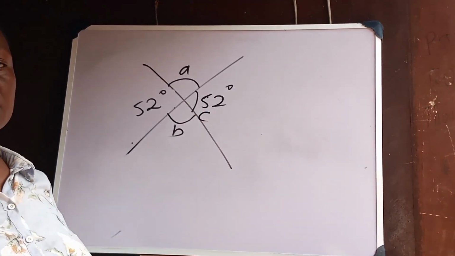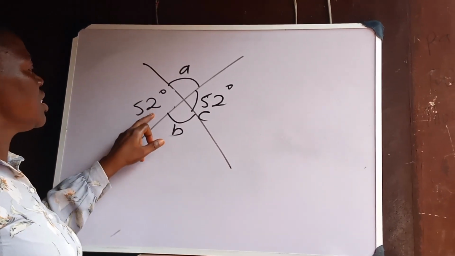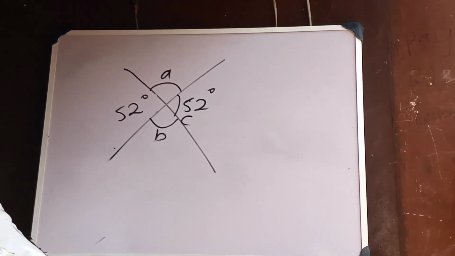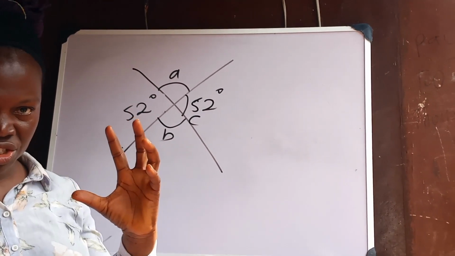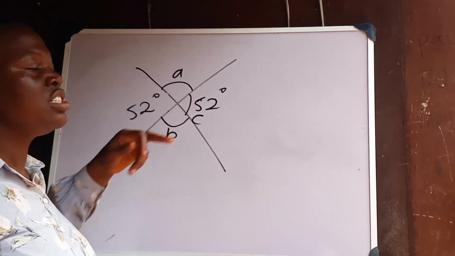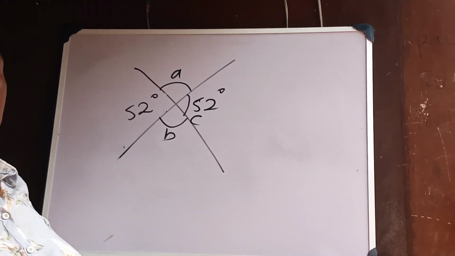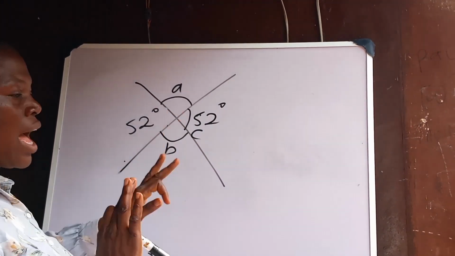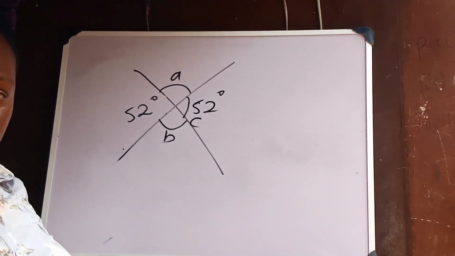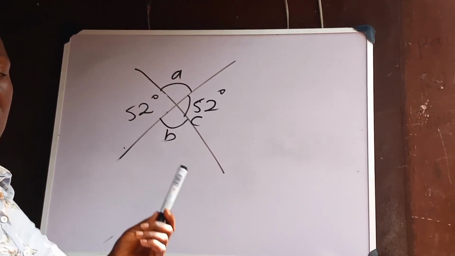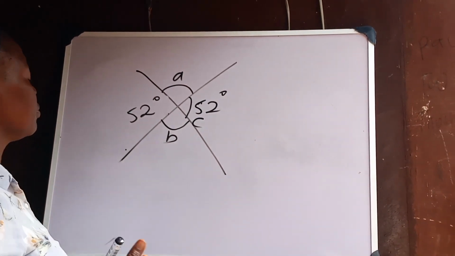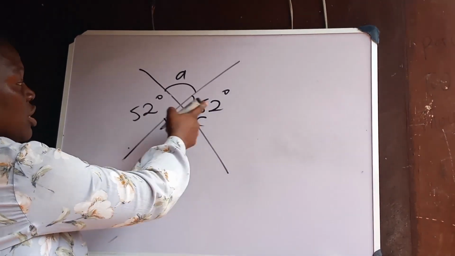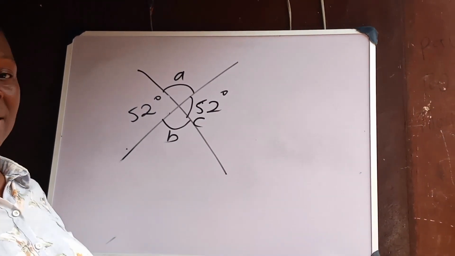How do we know that? Because these angles are vertically opposite each other. They are facing each other, and because they are facing each other, they are called vertically opposite angles. And vertically opposite angles are equal. Hope you get that. I've taught you this in my previous class. Now we are using numbers to represent letters.